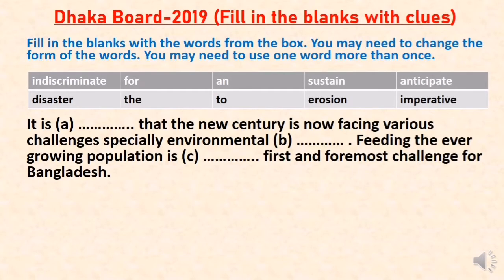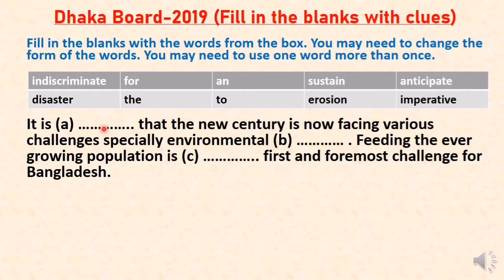Yes, it's time for completing this passage properly. At the very beginning, I'd like to tell you about the words which are given in the box. Indiscriminate, for, and, sustain, anticipate, disaster, the, to, erosion, imperative.